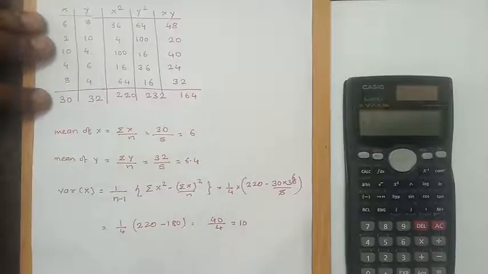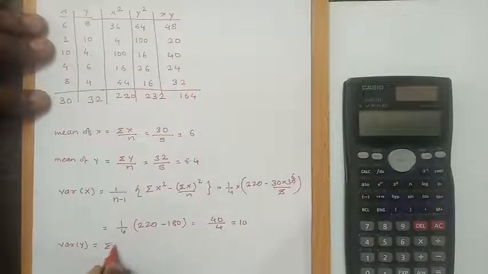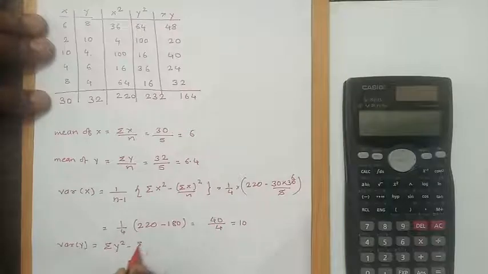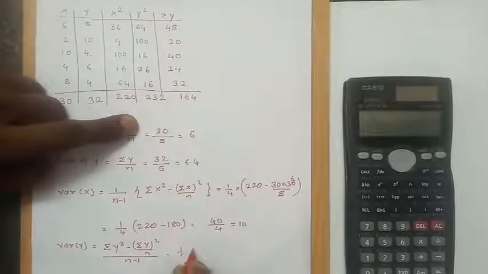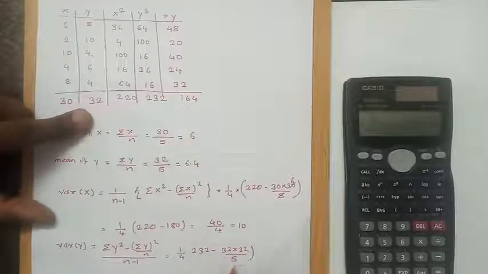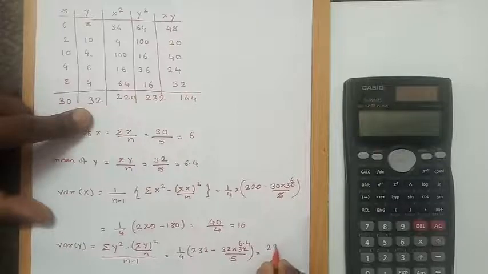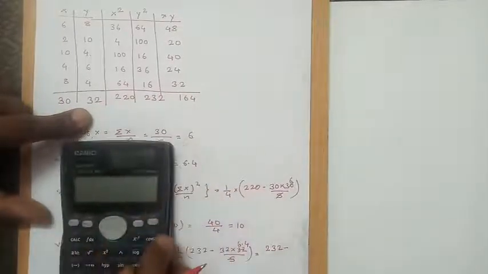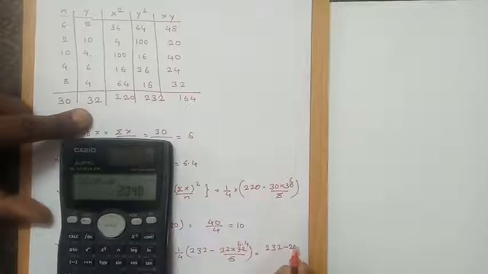Now we will calculate the variance of y. So similarly, we have summation y square minus summation y whole square divided by n, and whole divided by n minus 1, which is equal to 1 by 4 into summation y square is 232 minus summation y is 32 into 32 divided by 5, which is equal to 32 into 6.4, 204.8, whole divided by 4.